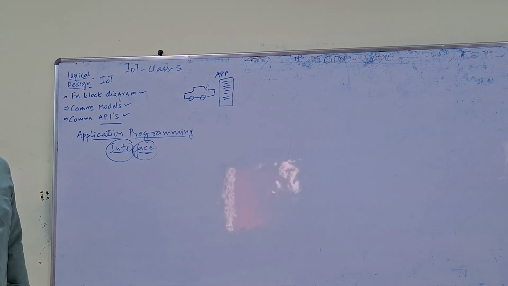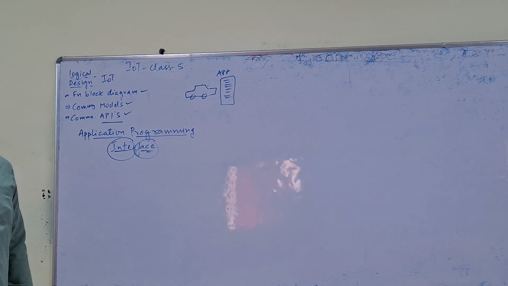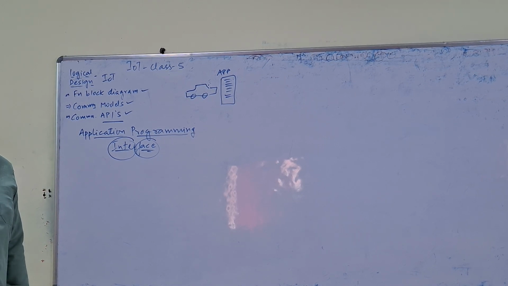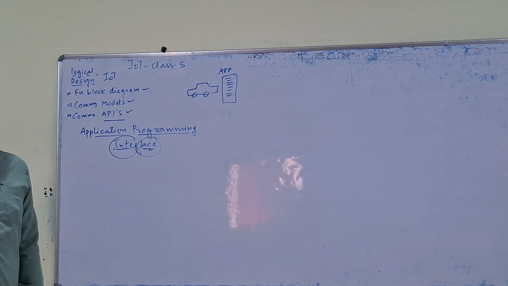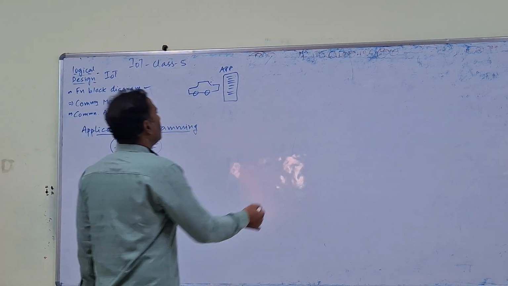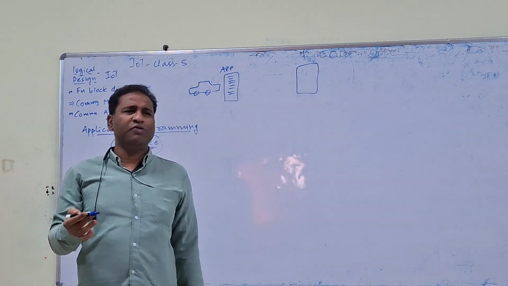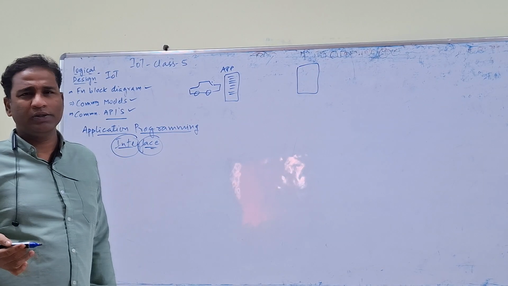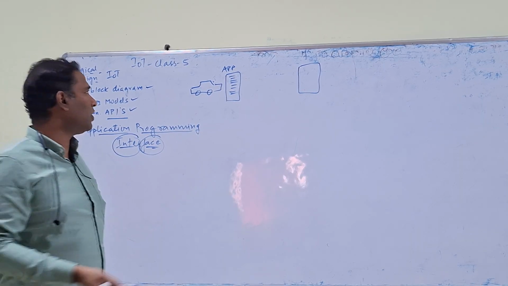Now this needs information from Google Maps. Do we need to do all those things once again? Do we need to download Google Maps? No. We will just refer to the Google Maps system. The name of the app itself is the Google Maps app.